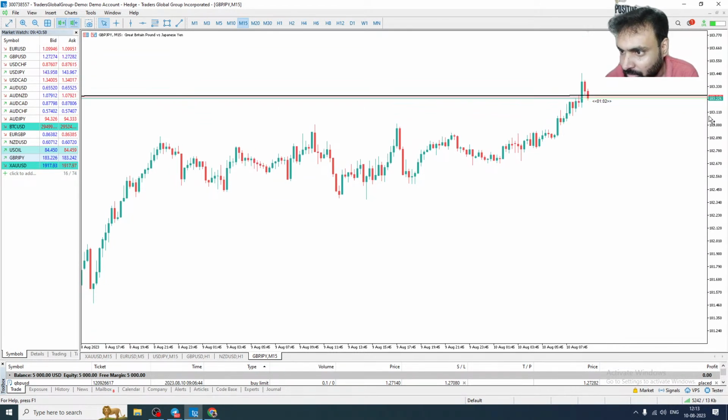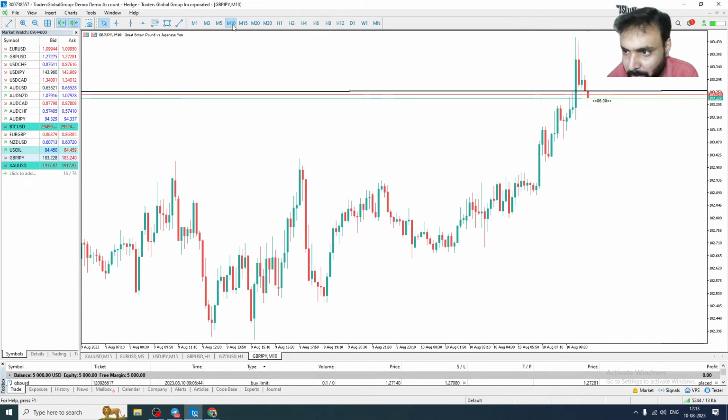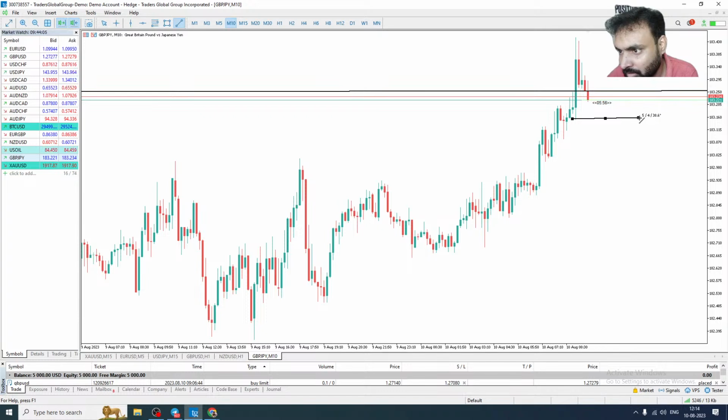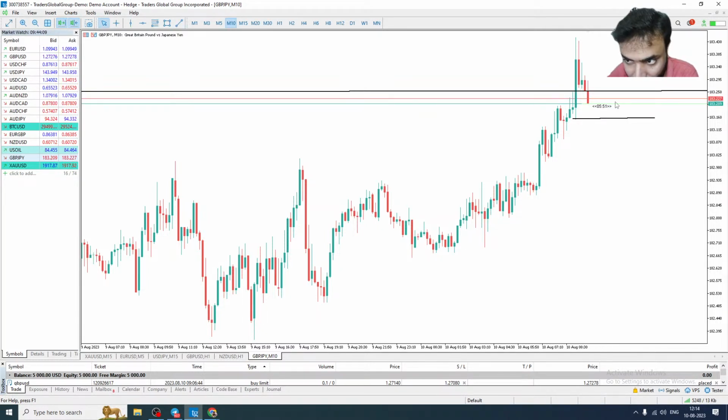GBP is going down. I want one break in GBP, at least this break, guys. If that happens, we can sell from the top because it's a potential trade, because it's a weak daily manipulation zone.